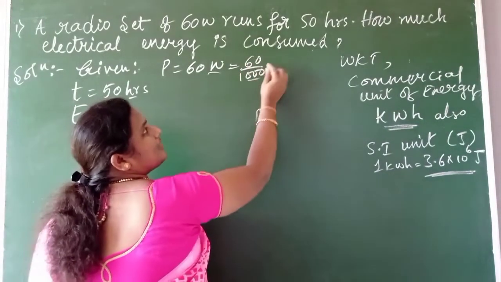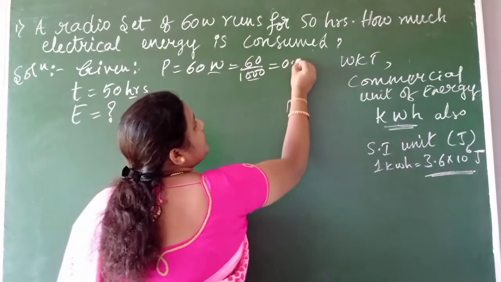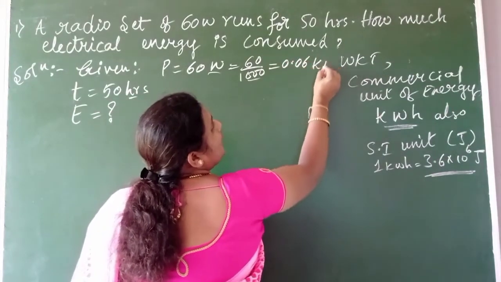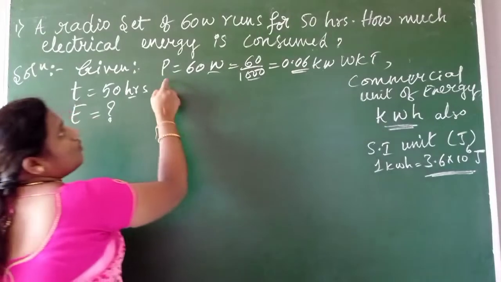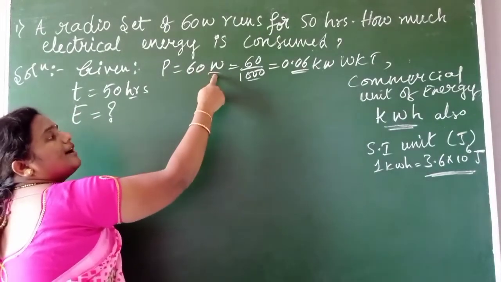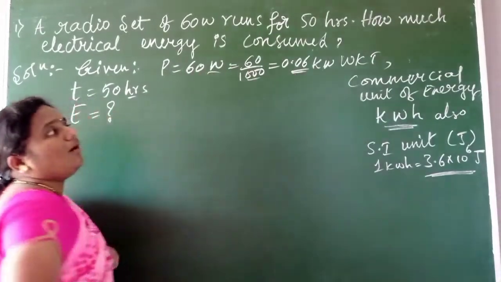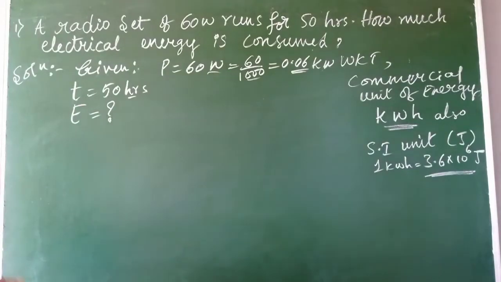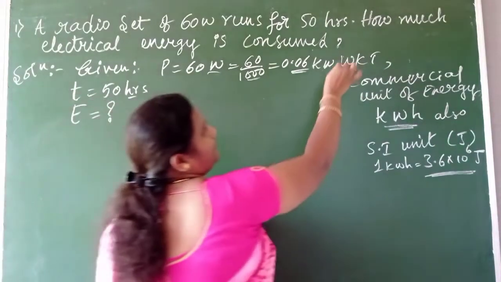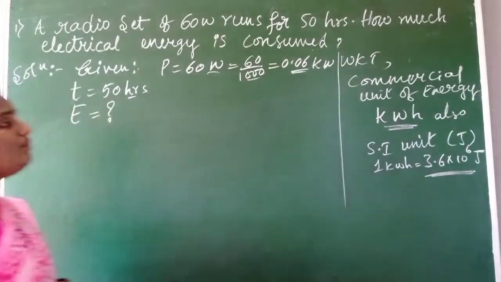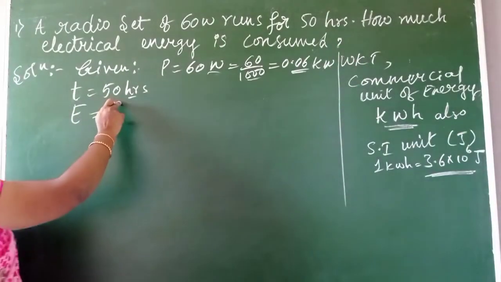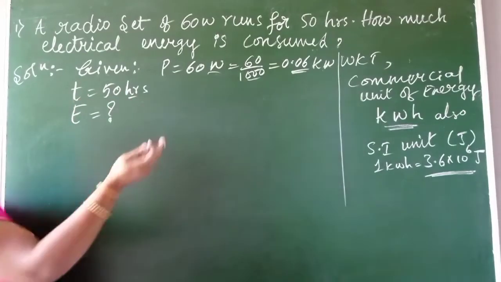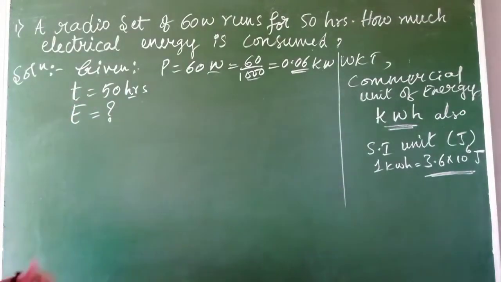So 60 divided by 1000 is equal to 0.06 kilowatt. Now we have converted watts into kilowatts, and the value we got is 0.06 kilowatts. Now, is there any need of conversion of time? No, because they have directly given it in hours, so no need of converting here.